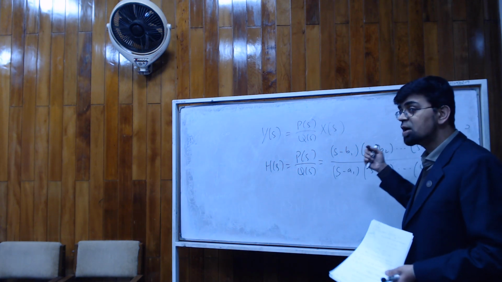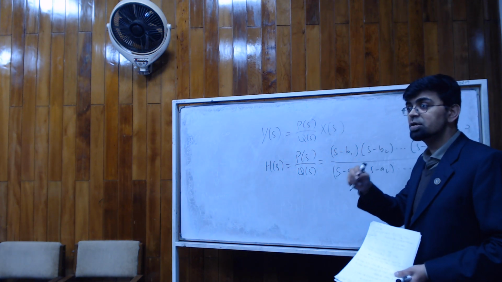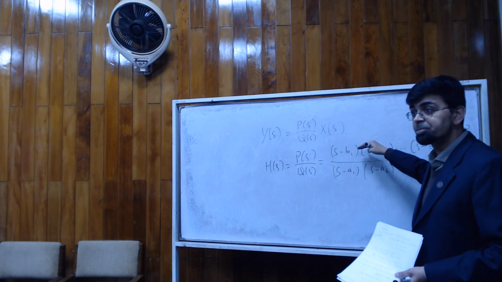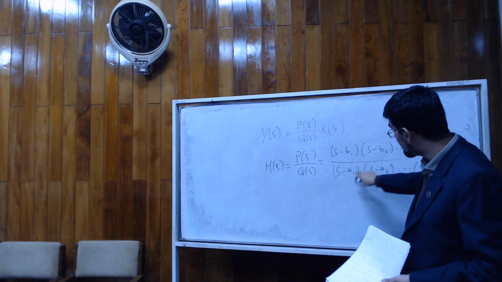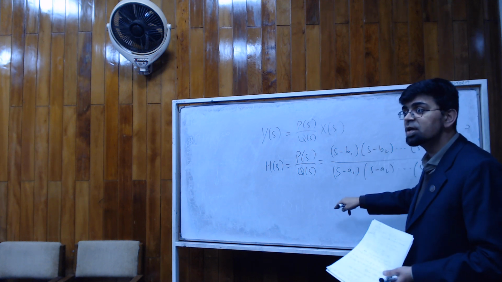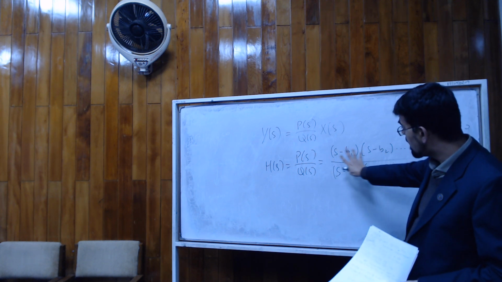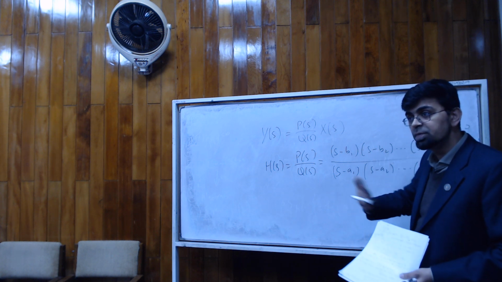What are the zeros now? Zeros are the roots of the numerator, right? Assuming that we have cancelled out, अगर b1, b2 और a1 की वैल्यू सेम है तो ये cancel out हो चुके हैं, ठीक है? I'm assuming I have the reduced, minimized form.